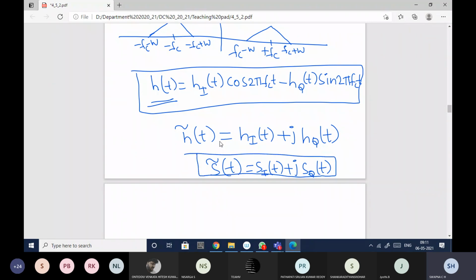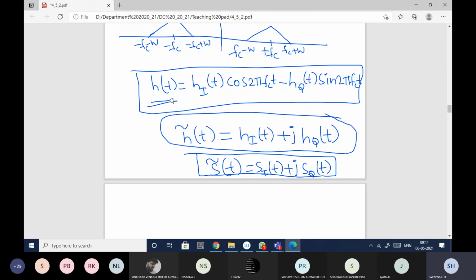I'm using the analogy between this H of t system and S of t signal. Just as we can write S tilde of t in this way, this can also be represented in the same way, because even this is a complex envelope.